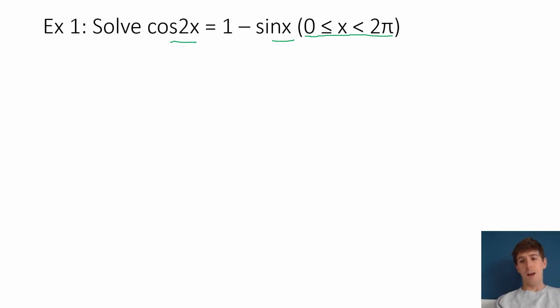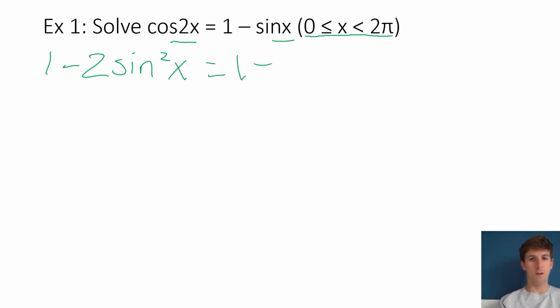We have a lot of options for cosine 2x, but one of them is going to make the most sense here, and that's the 1 minus 2 sine squared x one. The reason being is because the other side of my equation is also just in terms of sine. So we want to get the entire equation in terms of a single trig function.